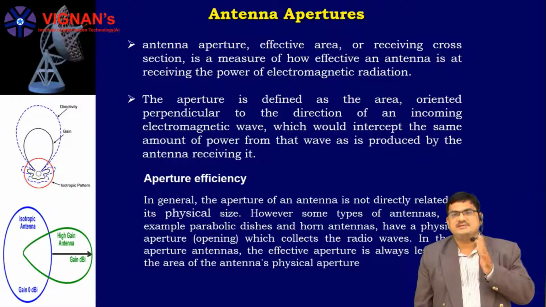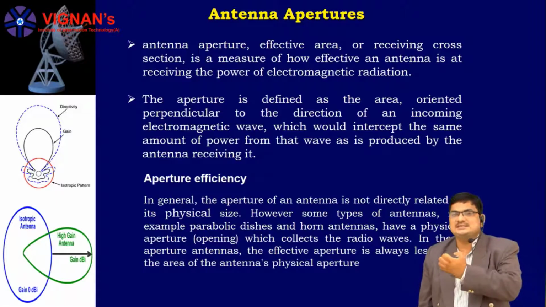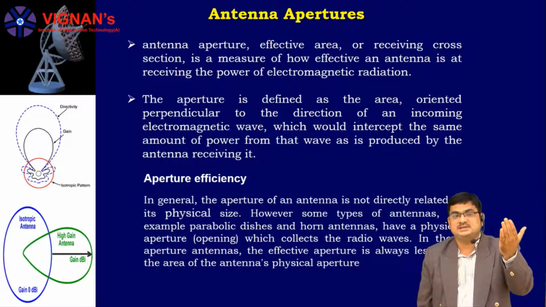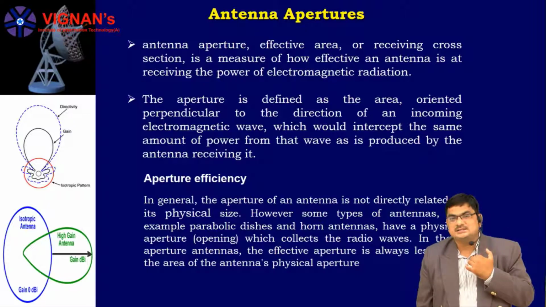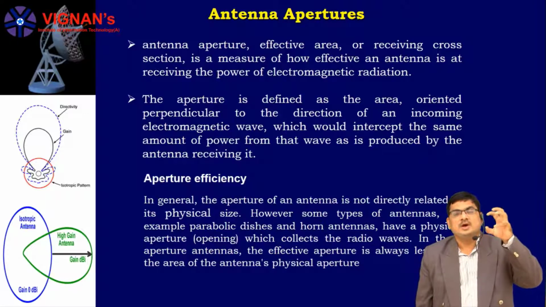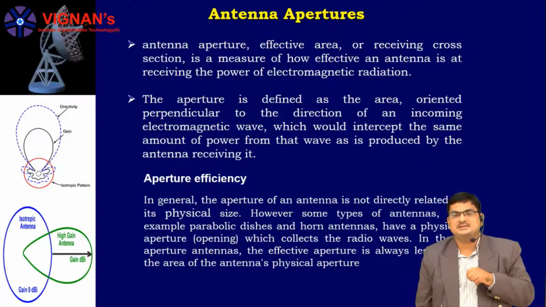It measures how your antenna is affected once it receives electromagnetic power from the transmitting side. How much area of your total structure is affected by the radiation, that area is called the effective area.